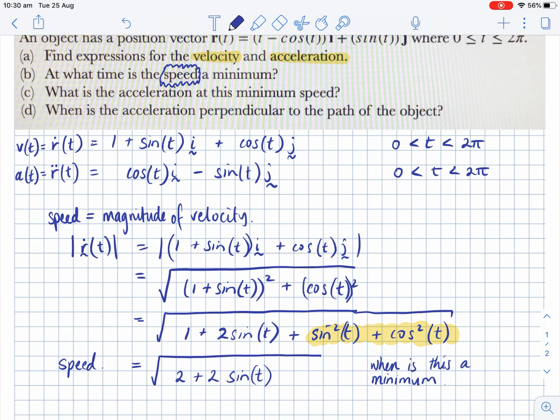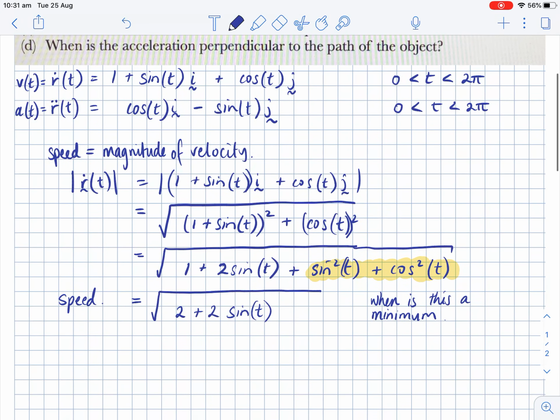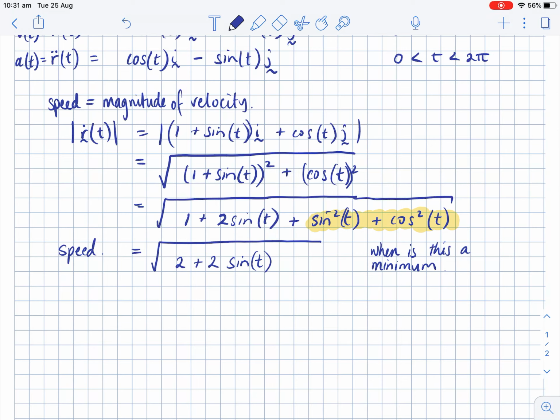So I can do this two ways. The first way is I can differentiate and find out when the derivative equals 0. Or I can actually be a little bit more clever about this.